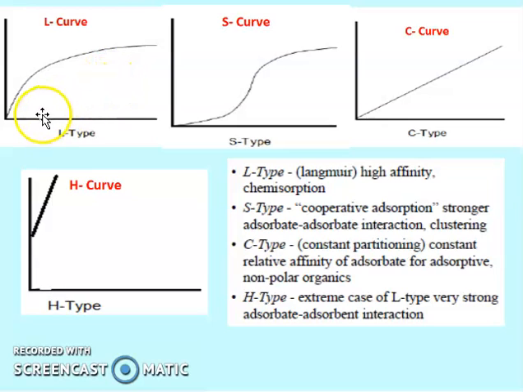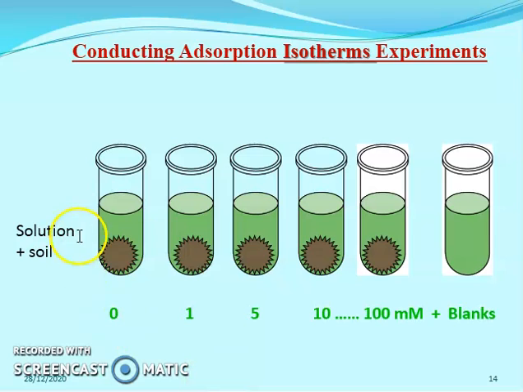It means that if you put in the beaker, on this diagram, 1 gram, all of it will be adsorbed because it's a low amount. 5 gram will be adsorbed.